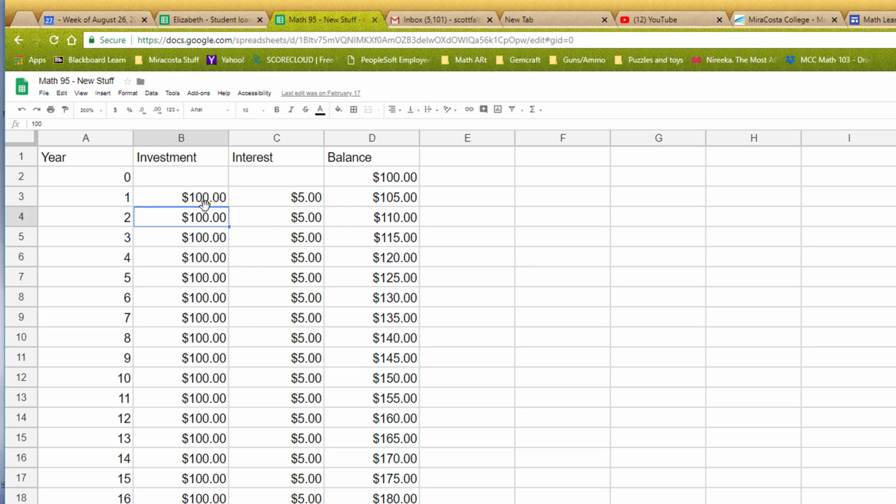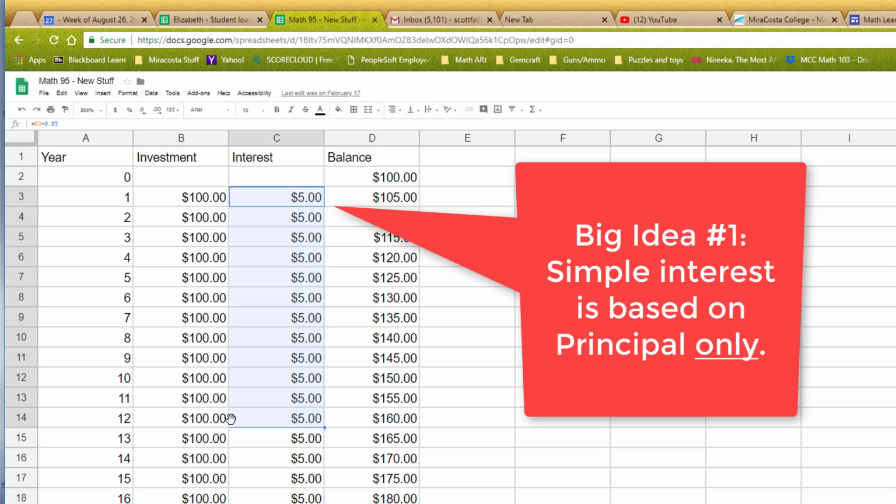But your investment doesn't change. So the next year, you would once again earn $5. So you can see your balance is going up every year. The amount of interest is not going up every year because simple interest is based on your investment, sometimes called your principal.